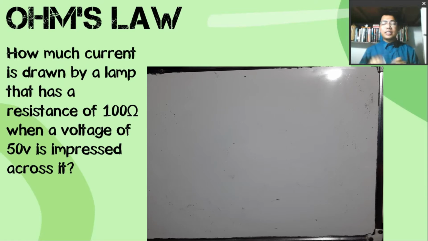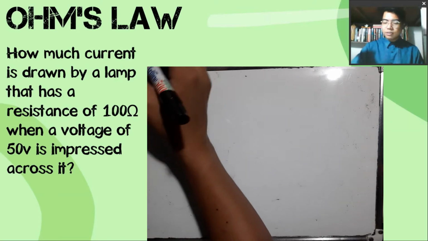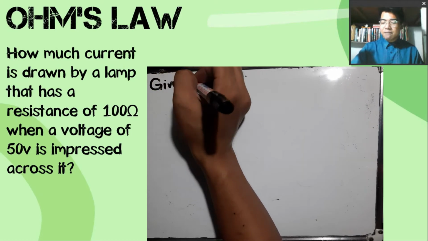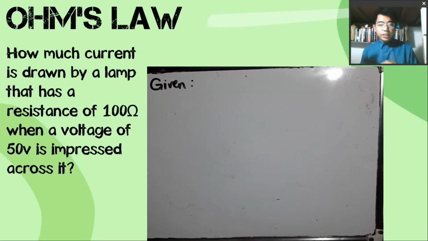Now, let's identify the different parts of the problem solving. The first one, do not forget that we always start with the G of GRESA, which is given. For the given, what are the things stated in the problem?